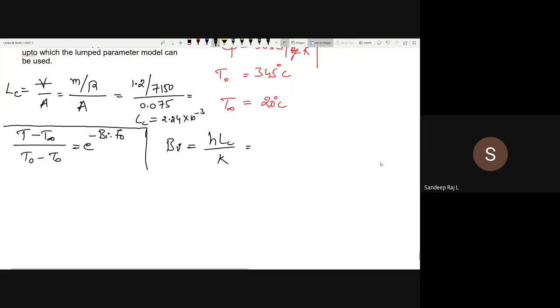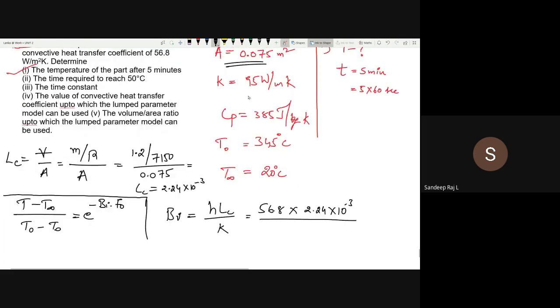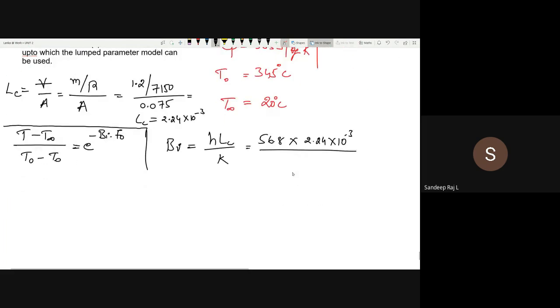It is 56.8. So 56.8 into the LC value, 2.24 into 10 to the power of minus 3, by the k value. The k value is 95. Substitute that 95 here and tell me what is the Biot number value.